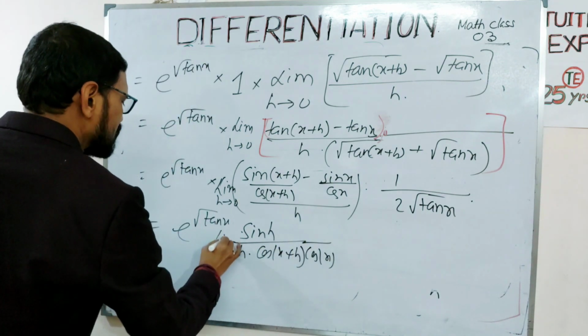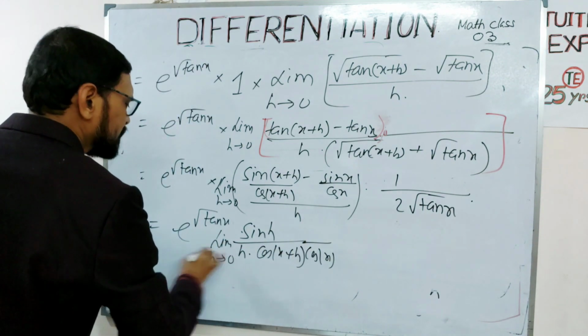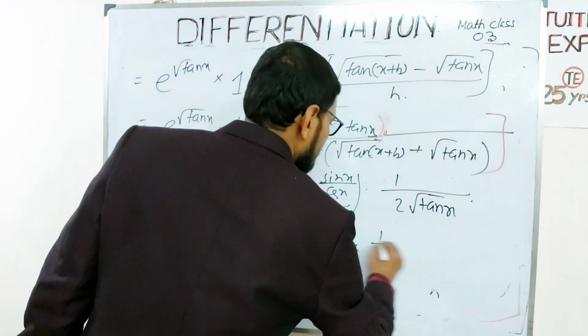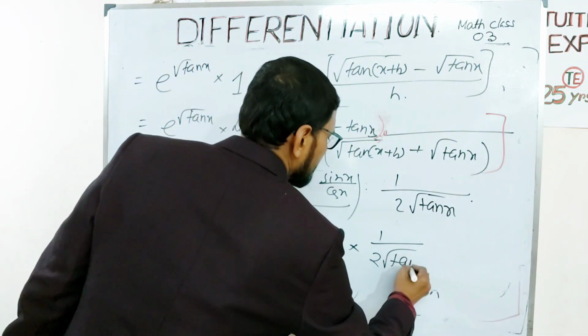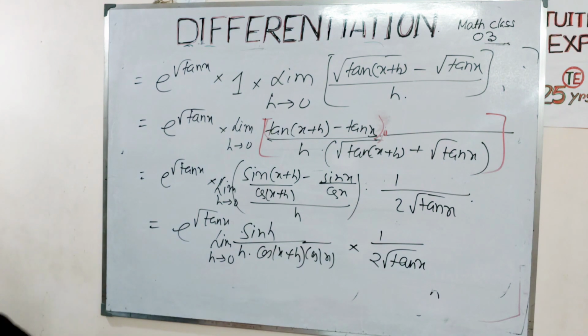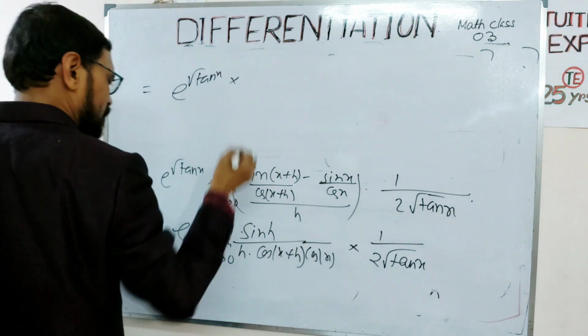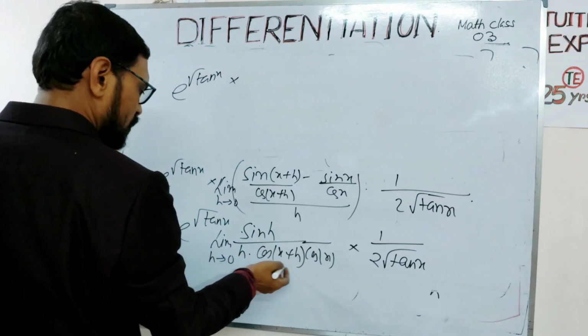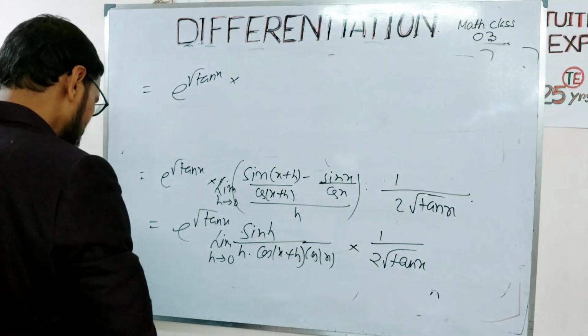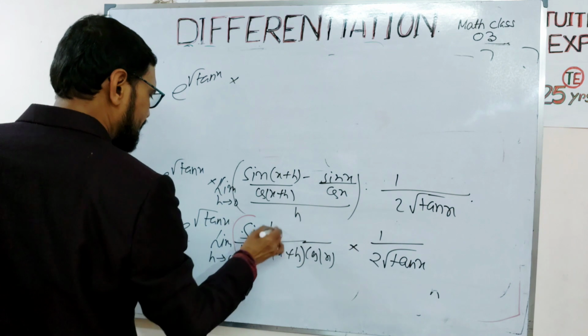Limit h tends to 0, present here and here. Now e to the power root over 10x into, put here h equal to 0, and sin h by h equal to 1.